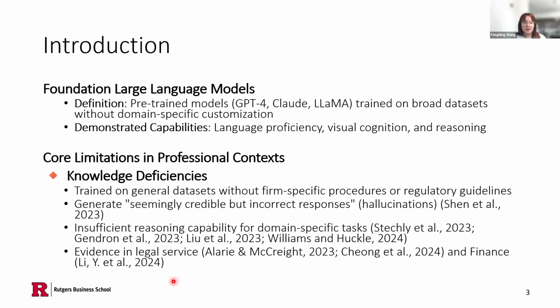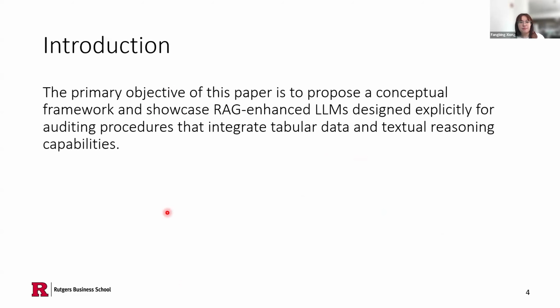We've already found some evidence in legal services, in finance, and even in health. Hallucination has become a very big problem, and all the companies are trying to solve it. Although foundation large language models like GPT-4 are improving on hallucination problems, they still make many mistakes when you try to use them.